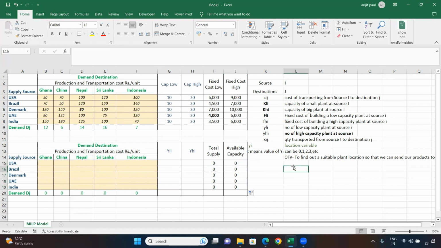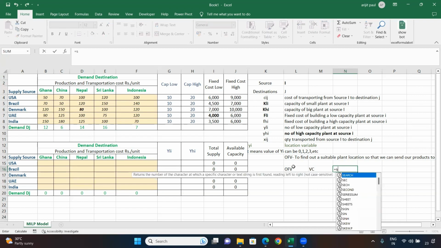Now, what is our objective function? Objective function is, we have a variable cost. In the variable cost, that will be the summation of Xij into Cij.